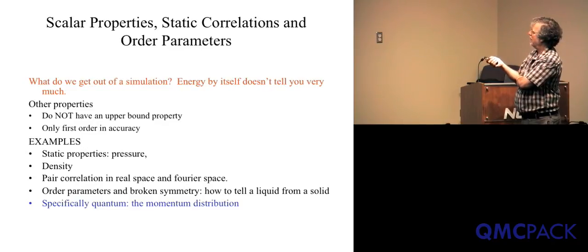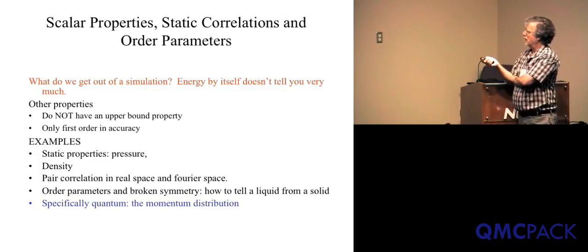I want to say that energy by itself doesn't tell you very much. This is a mistake that people make, working only with ground state energies. However, with variational Monte Carlo, other properties do not have an upper bound principle, and they're not nearly as accurate.